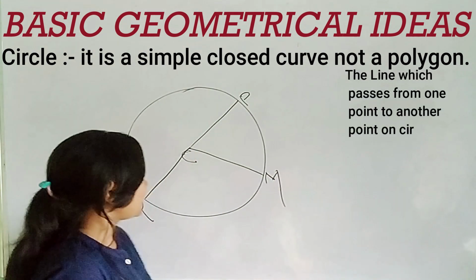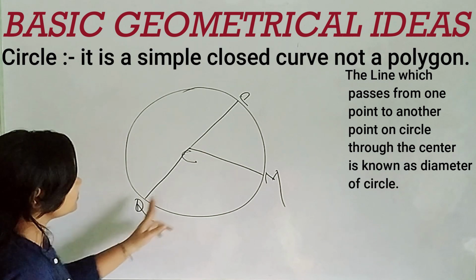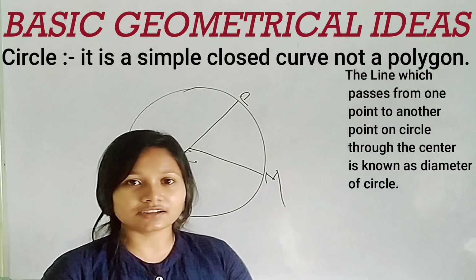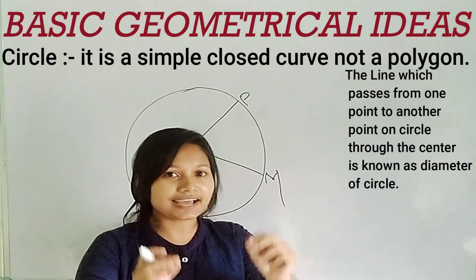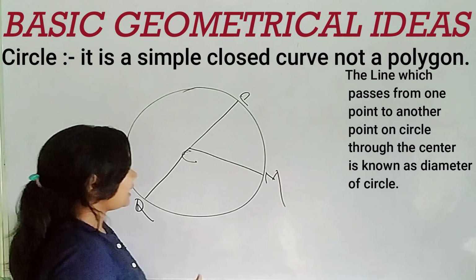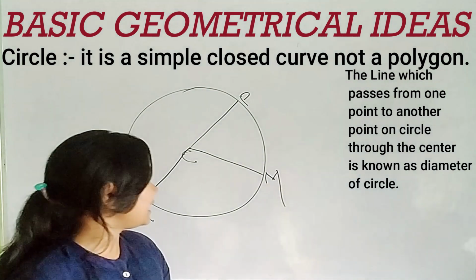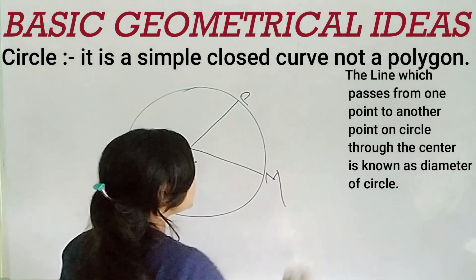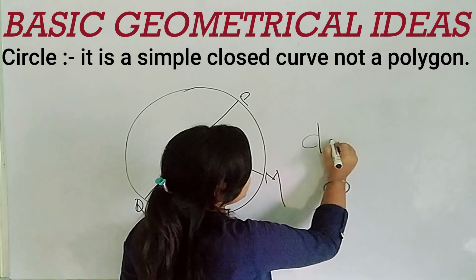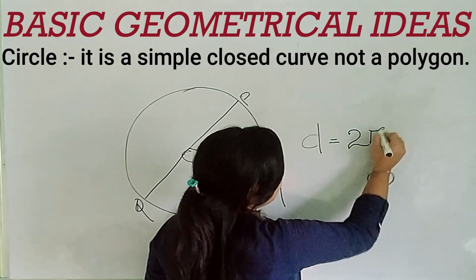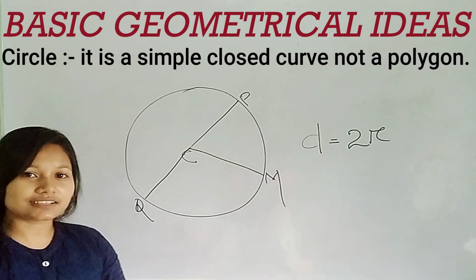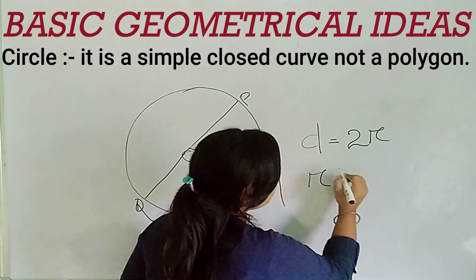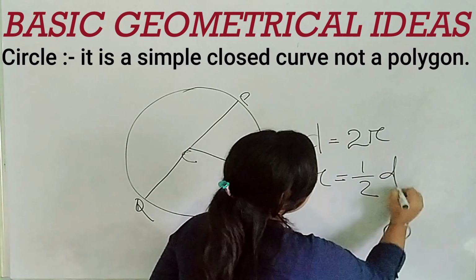Diameter means the line which starts from one point to another point and passes through the center of the circle is known as the diameter of the circle. And one more thing to remember, the diameter is always double the radius, and the radius is always half of the diameter, right?